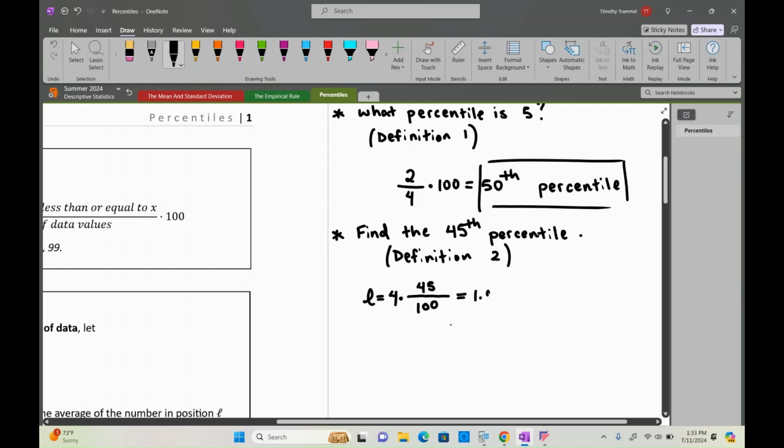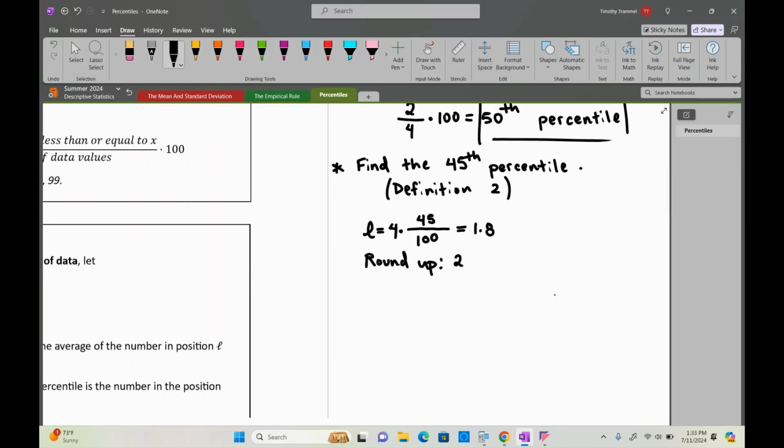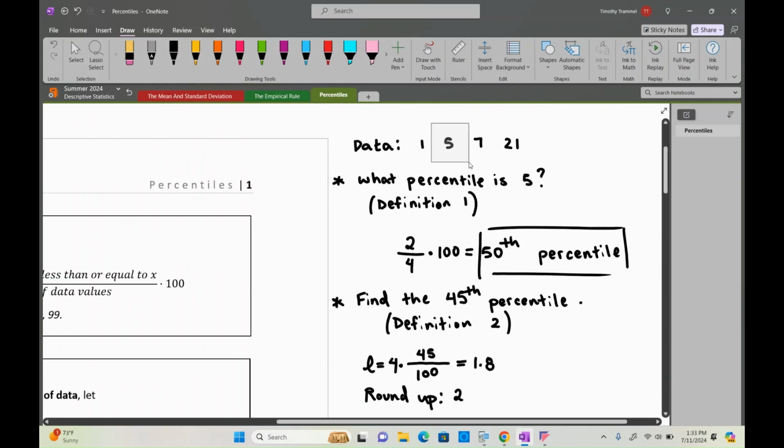And what we were told to do is to round this up. So if we round this up, what we're going to look for is in the second position in our ordered list. So what we're getting here is that our 45th percentile, according to this formula, is our second number, which is the 5.